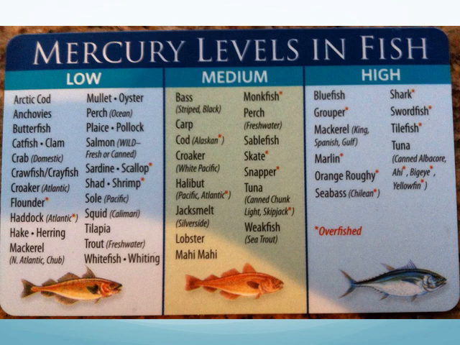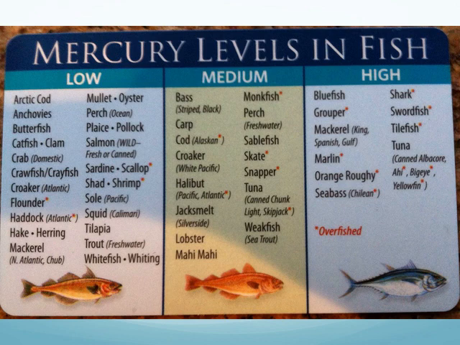And so some of these, like the marlin, the shark, swordfish, other types of tuna, your sea bass, you can see a lot of these fish in this category are overfished, because they are what you would call the good eating fish, right? And so typically they are sought after.